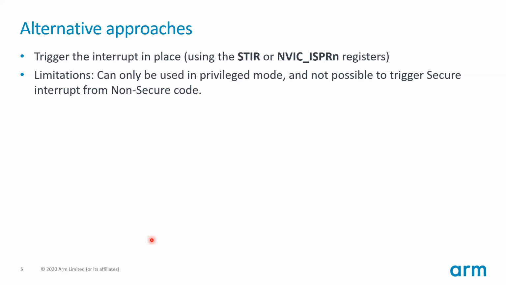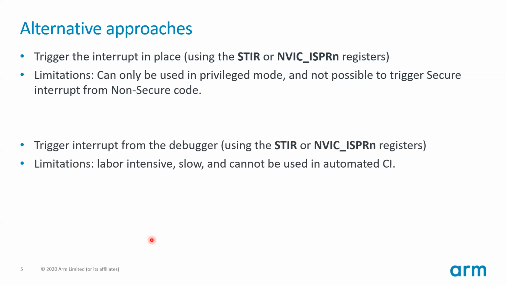However, this solution has limitations as well, because these registers are only available from privileged mode, and it is not possible to trigger secure interrupts from non-secure code by writing values corresponding to a secure IRQ.